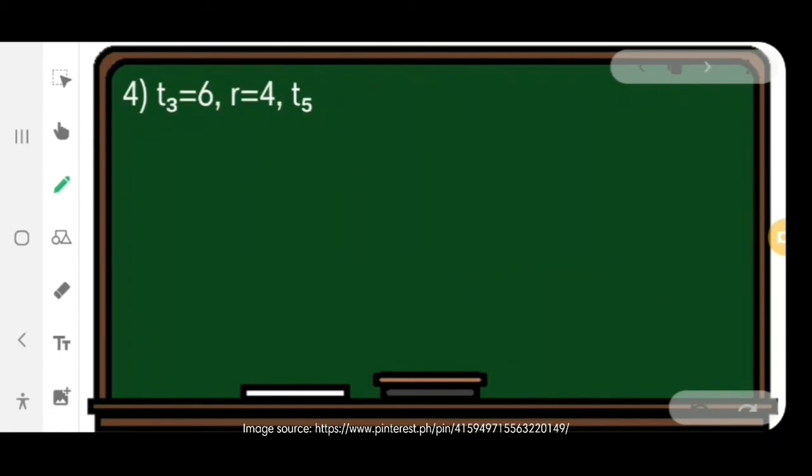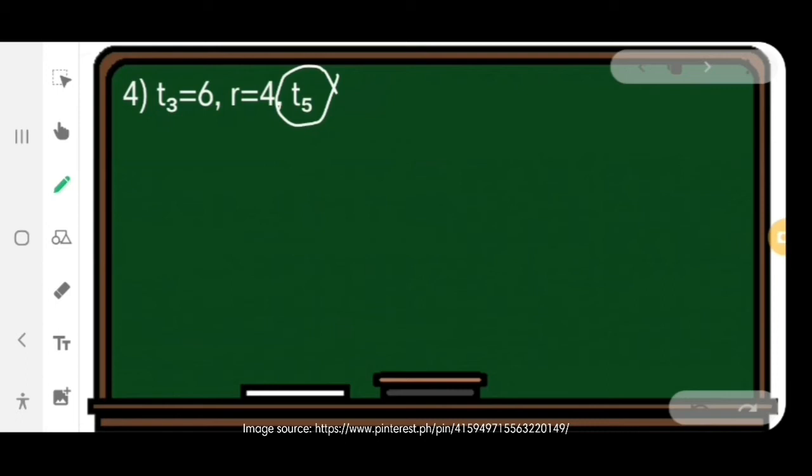So in our fourth example, we are given the third term, which is 6, and the common ratio, which is 4. And then we are going to look for t sub 5. Now take note, we are not given the first term.